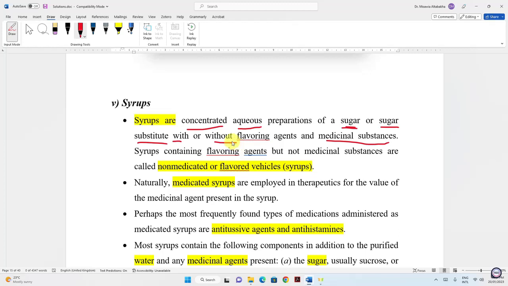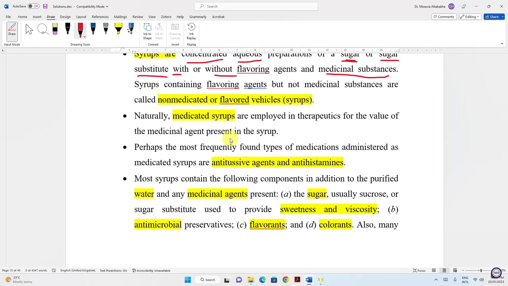Okay, if it doesn't have the medicine. طبعا المedicated syrup are given orally for the purpose of the medicinal agent inside them.